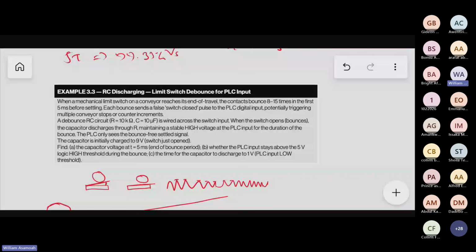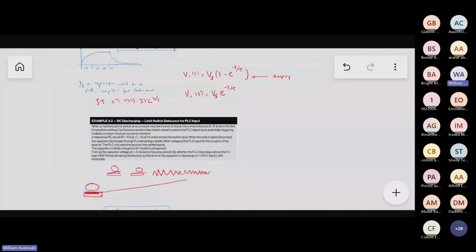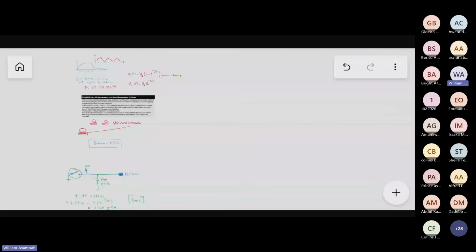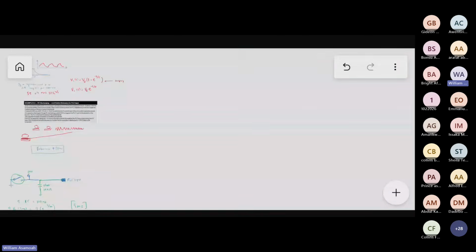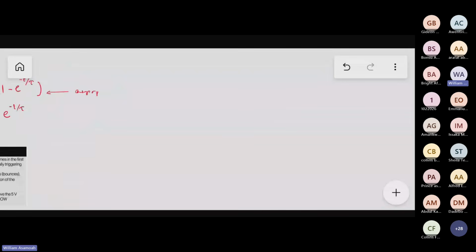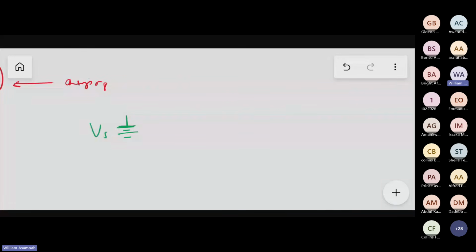How does this happen, and why does this happen in the industry? This is the reason why. Let's say we have a circuit, that is, a capacitor connected to a source, V source.